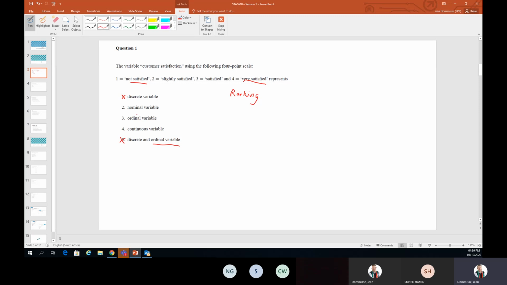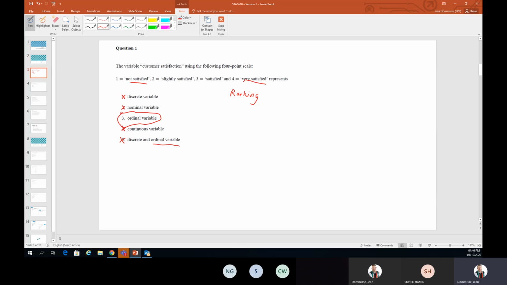That would nearly trigger me to think, okay, maybe 3 is right. And if we go through the other 2, it's definitely not continuous, it's definitely not normal or nominal. So because it's ranking, it is ordinal. And yes, number 3 is the correct one, Naomi.